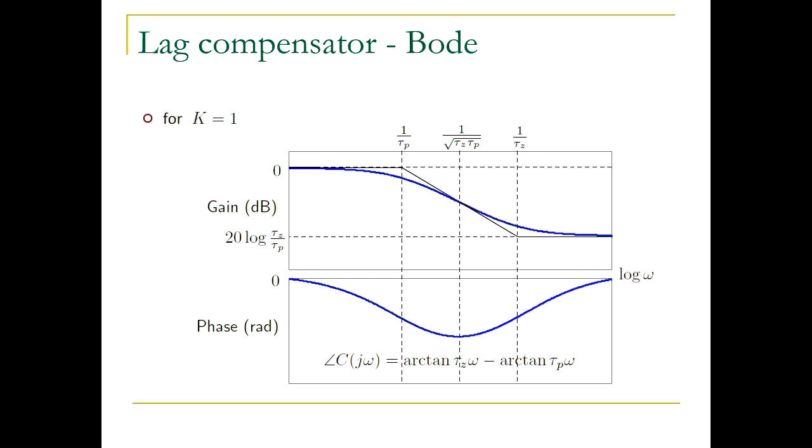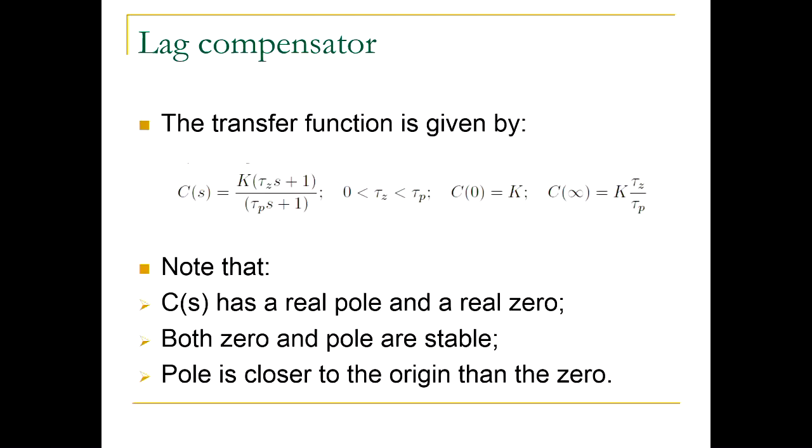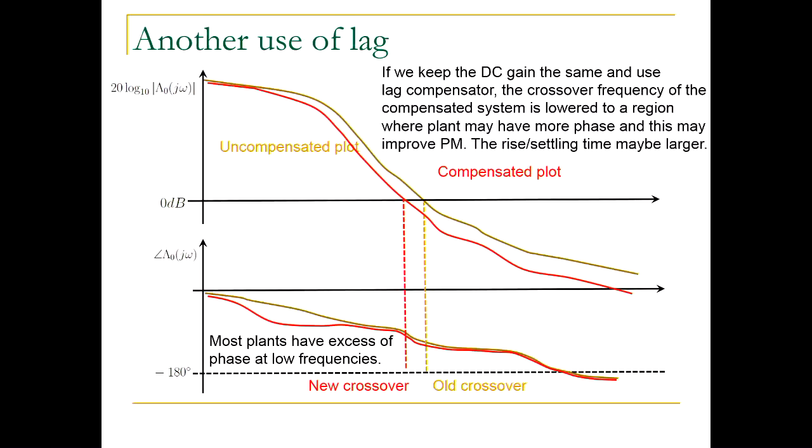And these frequencies are chosen in such a way that they are to the left of the crossover frequency. When you look at your uncompensated plot, this would be the crossover frequency for the uncompensated plot. Then the corner frequencies for the compensator would typically be chosen here.